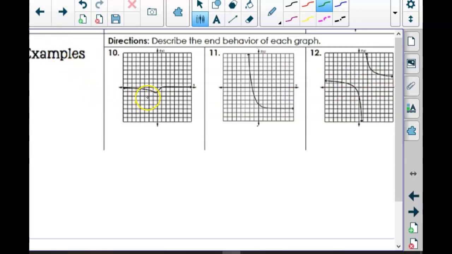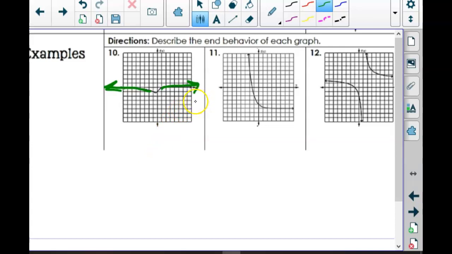So a couple more. What is this one approaching as you go to the left or the right? Do you not have this one? Do you? Yes? On mine or on your paper, or both? I think it's just staying really close to the x-axis. Does that seem okay?